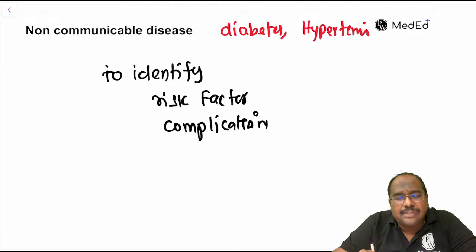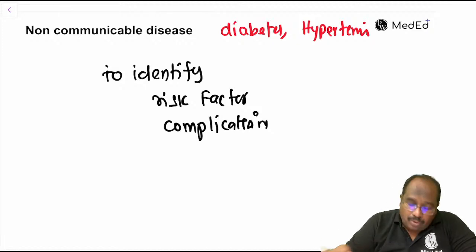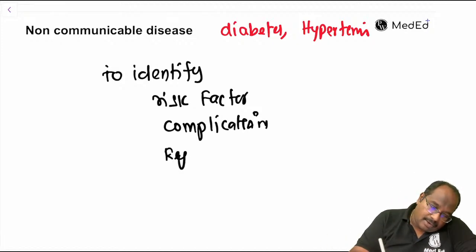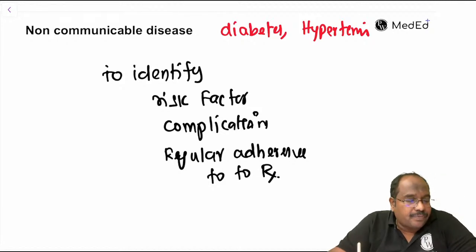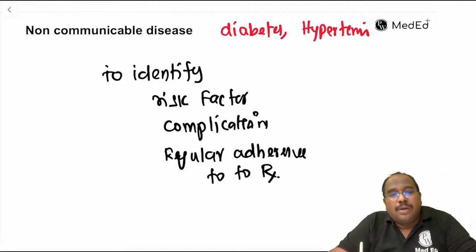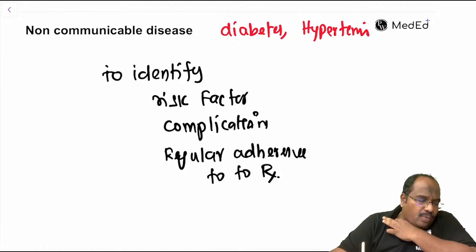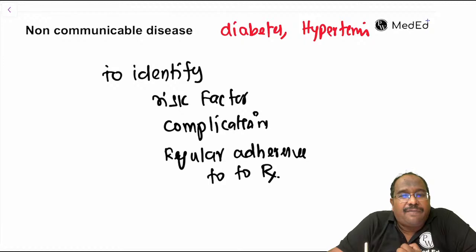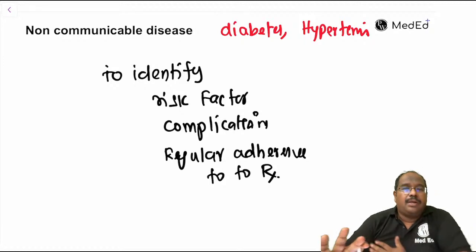And if they are already a known hypertensive, known diabetic case, whether they are in regular adherence to the treatment. So to identify risk factors and complications, and regular adherence to the treatment, guys.